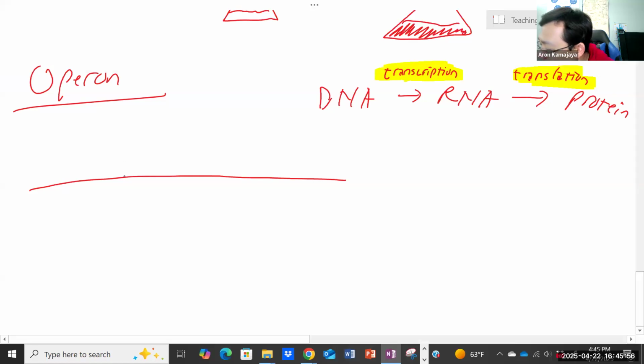The promoter is usually drawn as this kind of bent arrow like that, and the arrow tells you the direction of the transcription. In this case, it will transcribe to the right. So that's generally the promoter symbol.